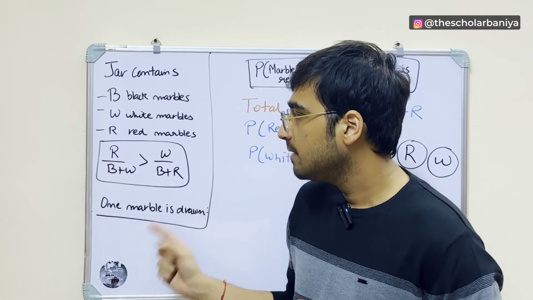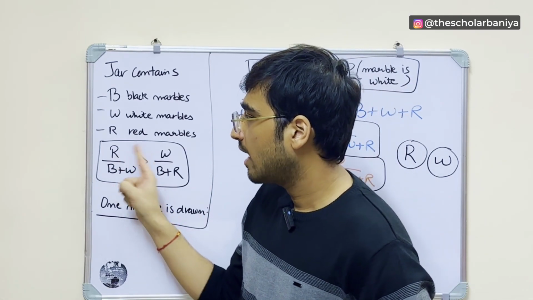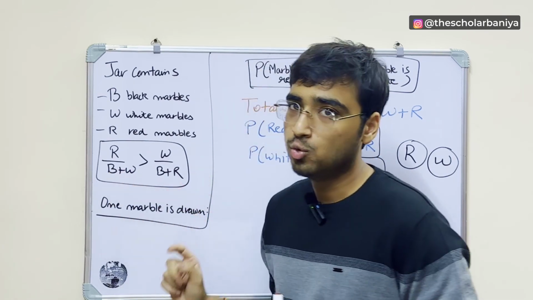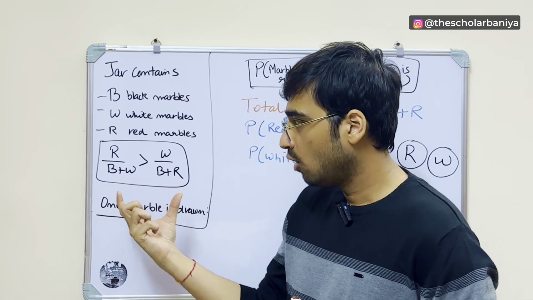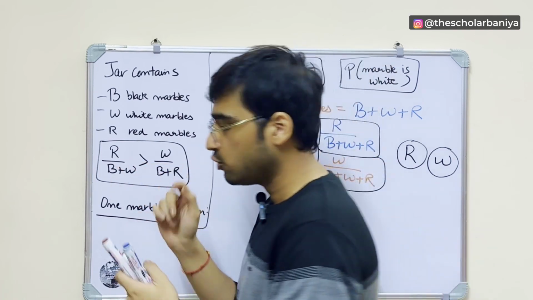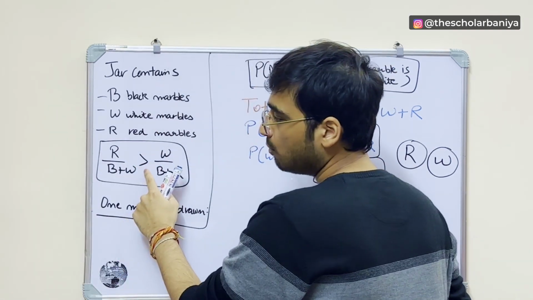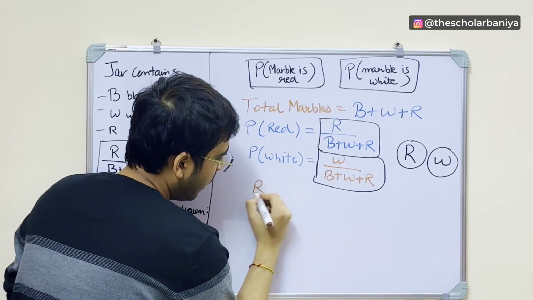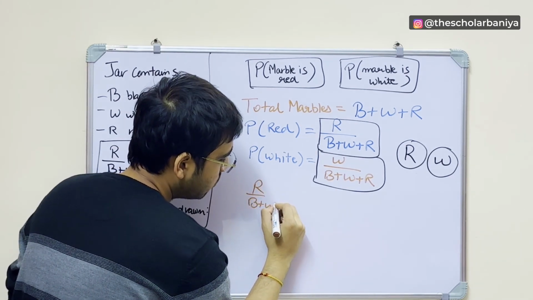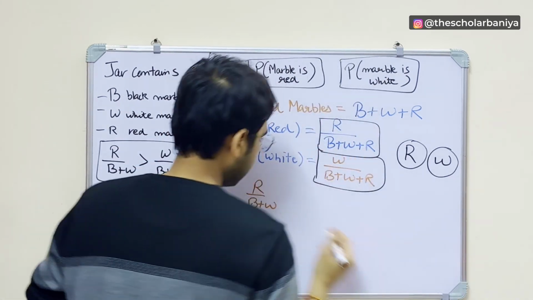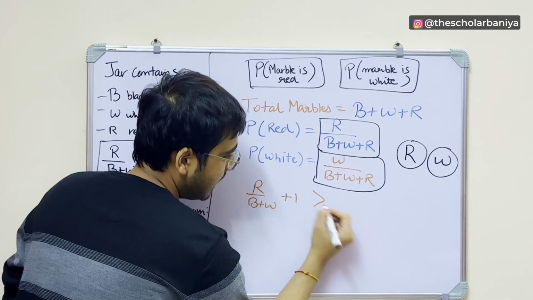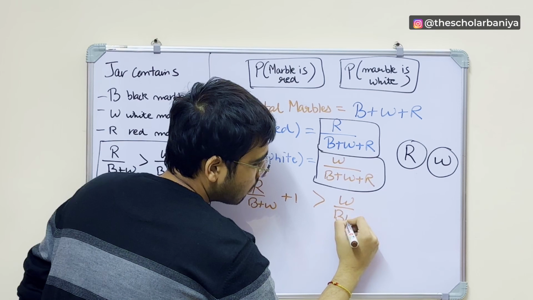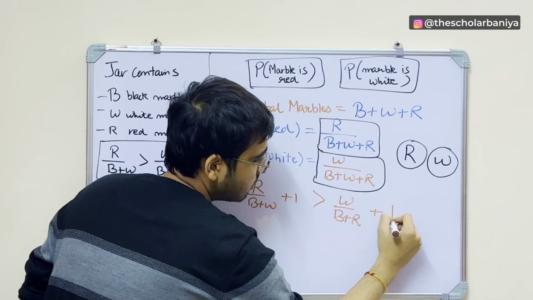If you carefully see, over here, R is in the numerator, and in the denominator, there is B plus W. If you add 1 on both the sides, right? So this becomes R upon B plus W plus 1 is greater than W upon B plus R plus 1.